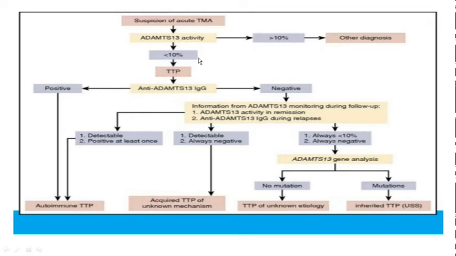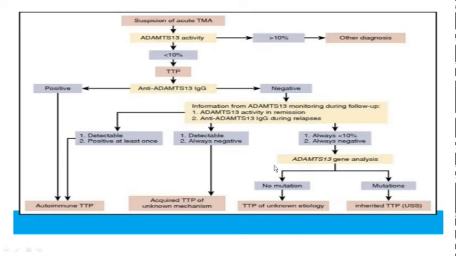If it's less than 10%, you can proceed with the diagnosis of TTP, and you get anti-ADAMTS13 antibodies. If it's positive, it corresponds to autoimmune TTP. But if it's negative, there are chances it might be negative in remission, or anti-ADAMTS13 IgG during relapses.